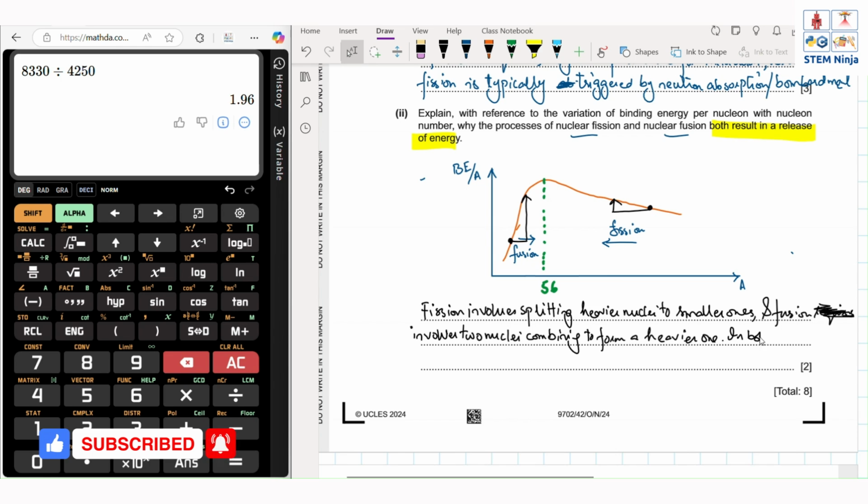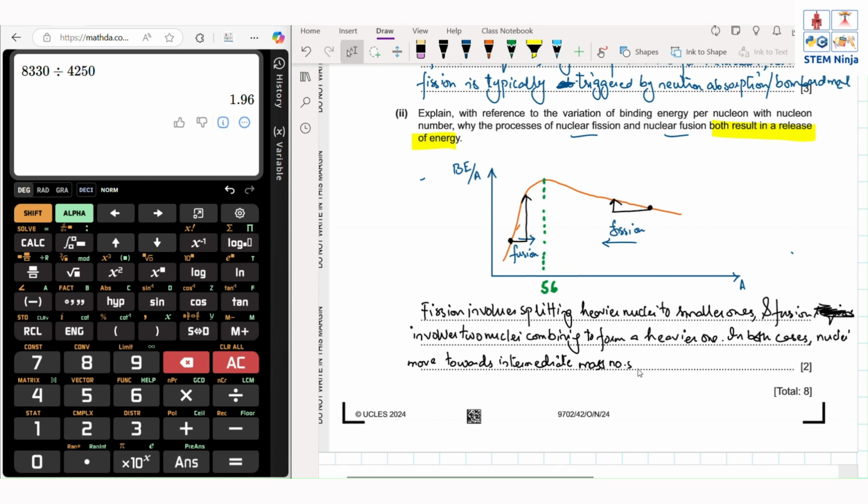In both cases, nuclei move towards intermediate mass numbers, resulting in release of energy and increased stability of products.